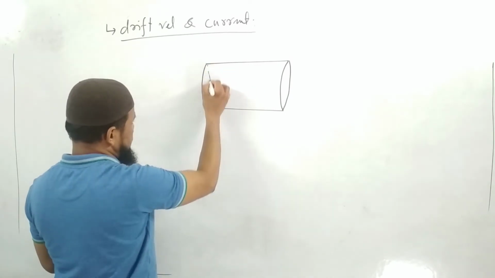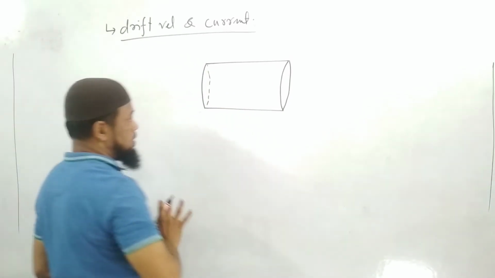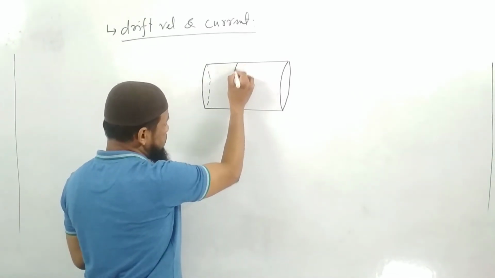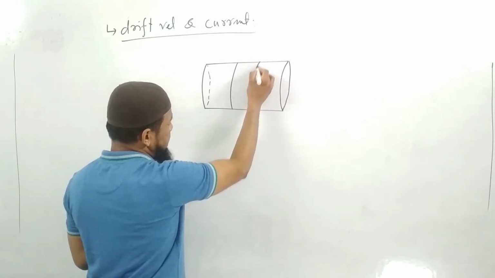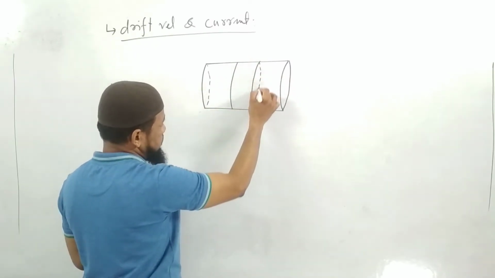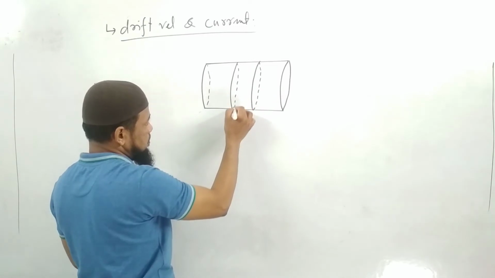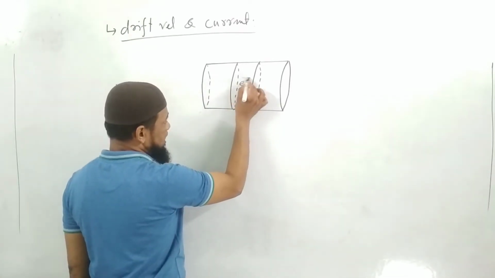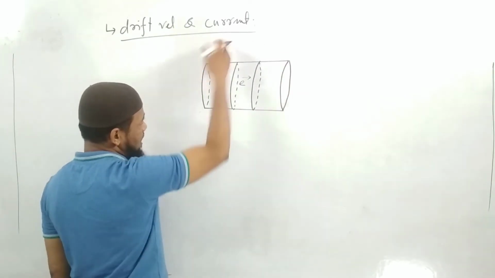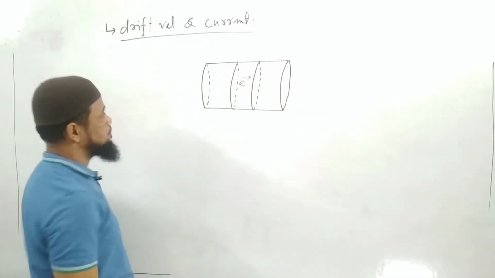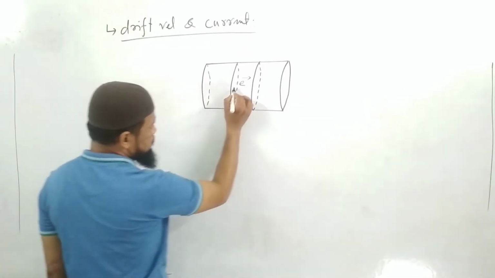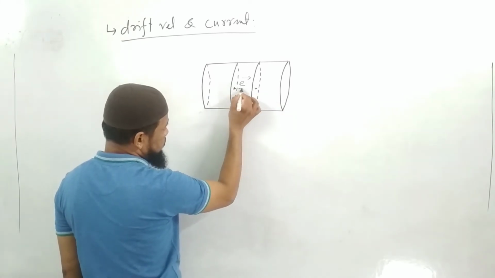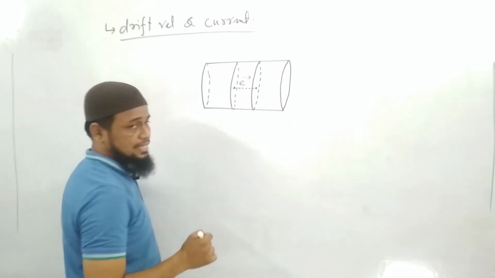This is a conductor, and here let me consider a small portion of it. Suppose the electric field is towards the left, so the electrons are going towards the right. Suppose from here to here the electrons take delta t seconds.